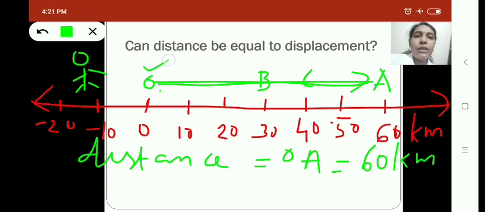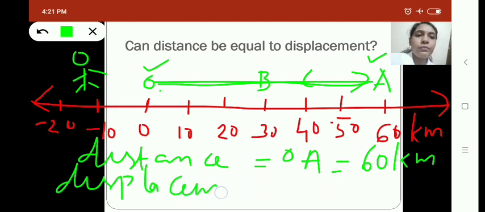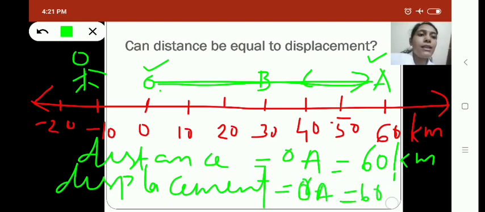O is the initial point and A is the final point. So what is the difference between initial and final points? Again, it is OA. So in this case, displacement is equal to OA itself, which is 60 kilometer.